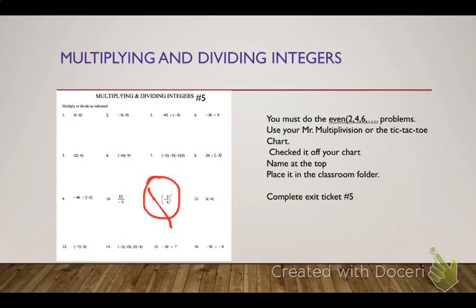So if there are any of them in there that look like number 11, don't do it. All right? But you're just going to do the even numbered problems. Okay? Just the even. Make sure that you check it off on your chart. Make sure you have your name at the top and you place it in your classroom folder that you're in the group. Once you're done with this, go ahead and complete exit ticket number 5.